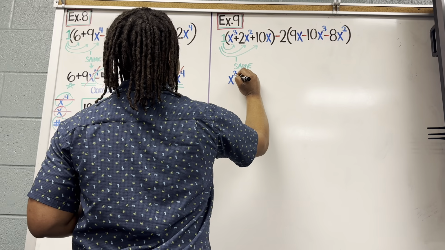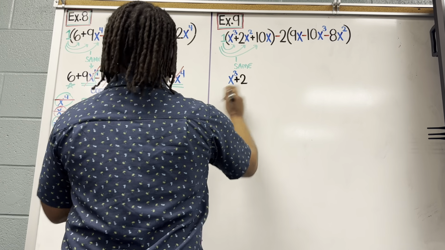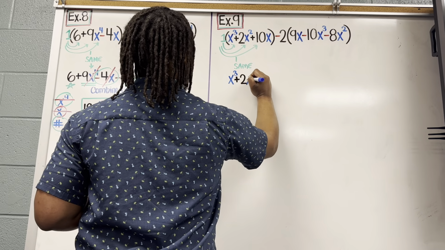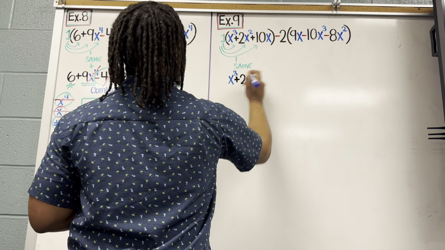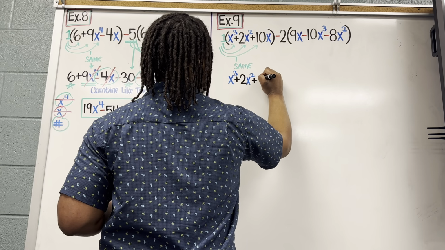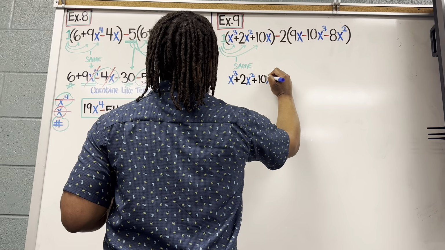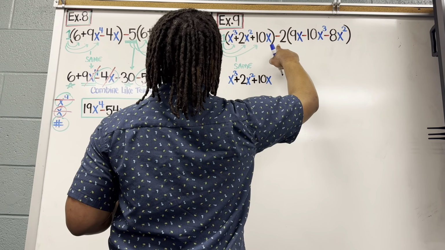So I still have x to the 3rd power plus 2x to the 2nd power plus 10x. Okay, now I'm done with this parentheses.